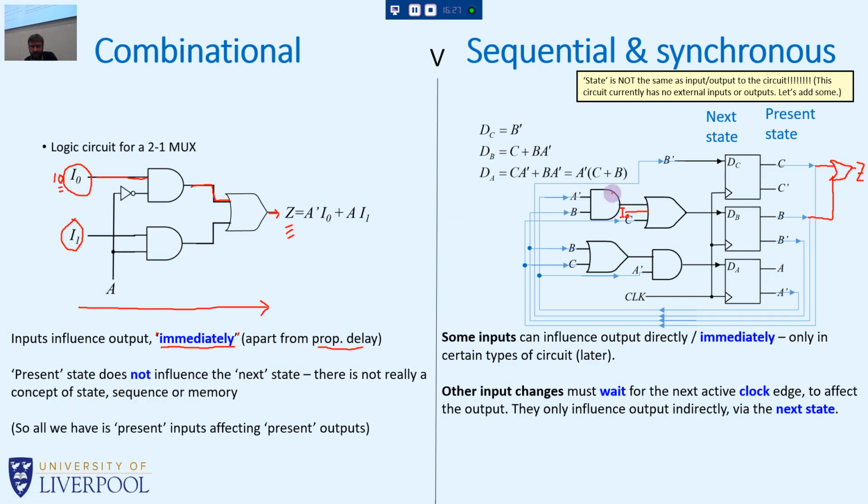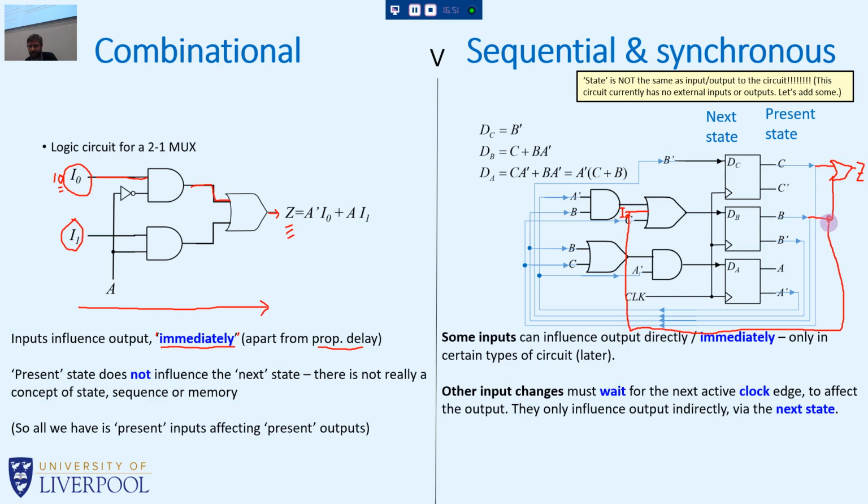That type of circuit is called a Moore circuit, when the inputs have to wait for the clock edge to affect the output. But we could have a system where we really want the input to have a direct, immediate effect on the output, and we call that a Mealy circuit. What if we did this?